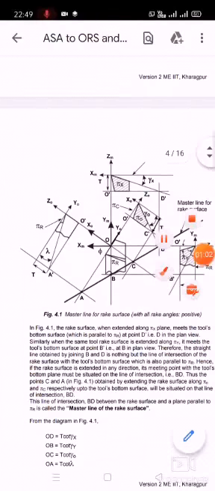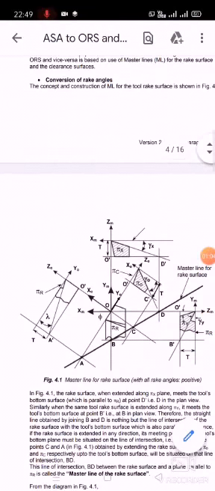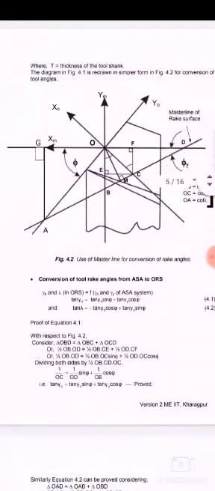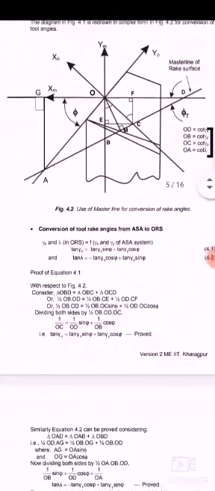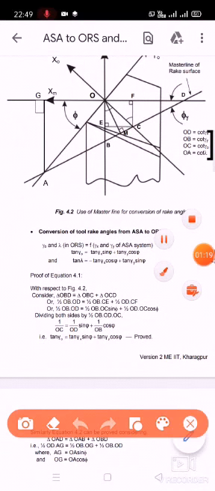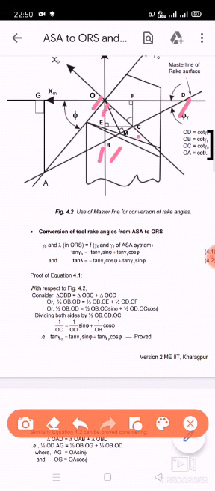From this diagram you can obtain these values. Now in triangle OBD, the area is equal to OBC plus OCD.